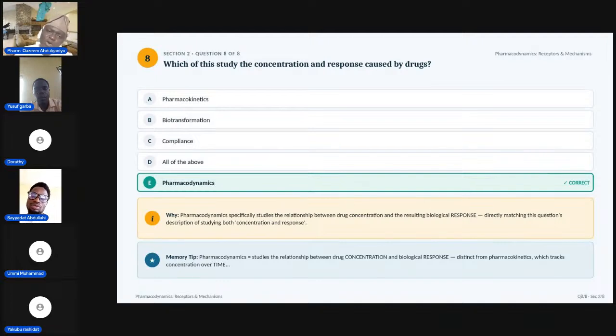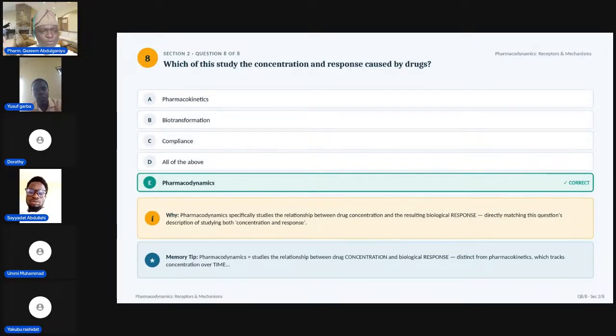Remember that what the drug does to the body is the response, right? So there's nothing else that would study it here except pharmacodynamics. This is pharmacokinetics: what the body does to the drug. So if this question said it studies concentration and the action of the body on the drug, it would be pharmacokinetics.